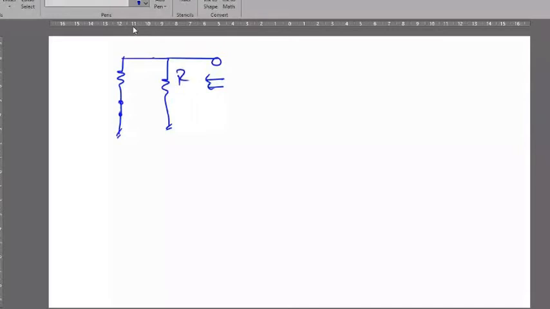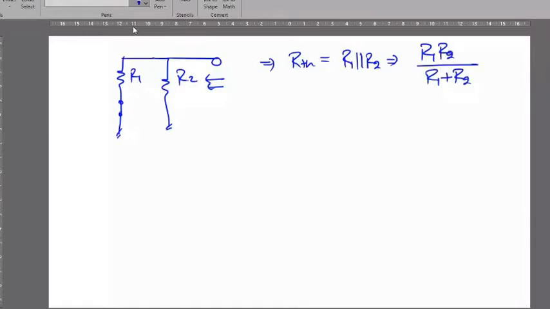This resistance is called Thevenin's equivalent resistance. This will be R1 parallel to R2, and this will be R1 R2 over R1 plus R2. Is that fine? Yes, sir.